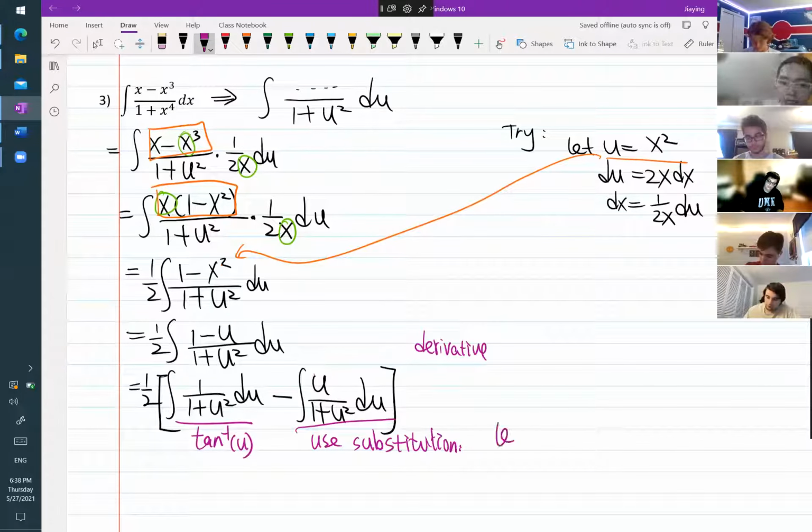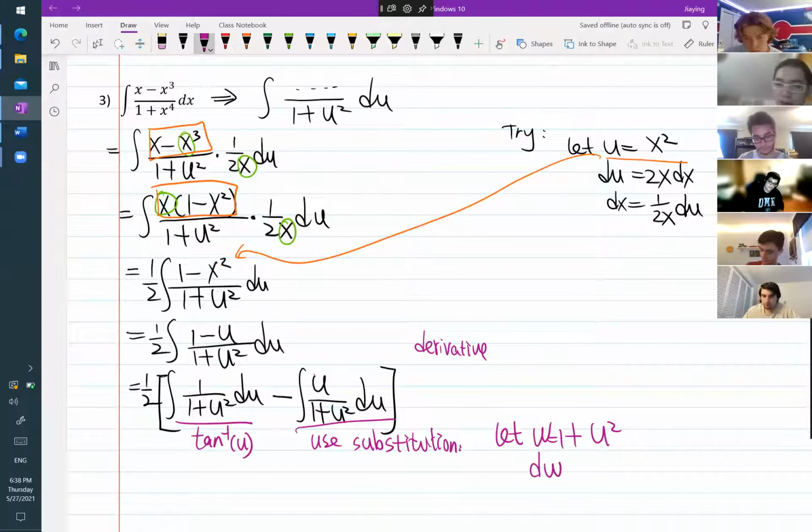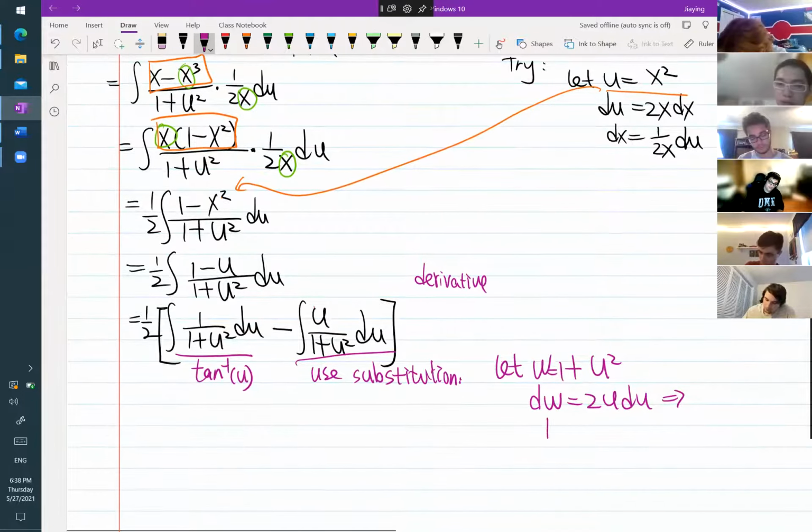We're going to let 1 plus u squared equal to maybe v or w, just some variable. And then dw is equal to 2u du. And just like we did before, we solve for dx. So here we're going to solve for du. So du is equal to 1 over 2u dw.